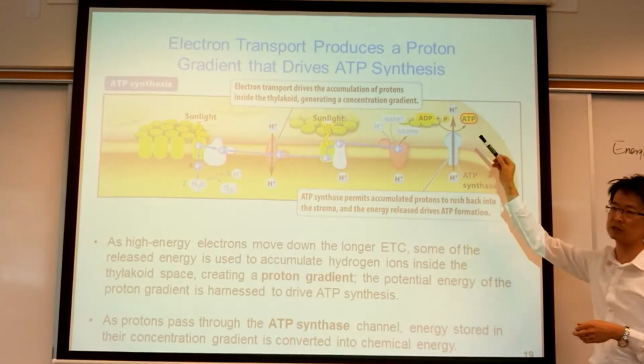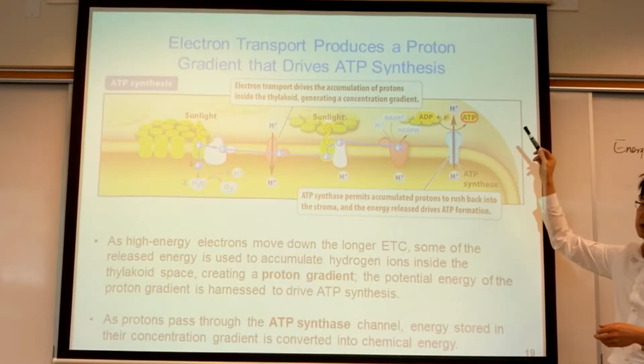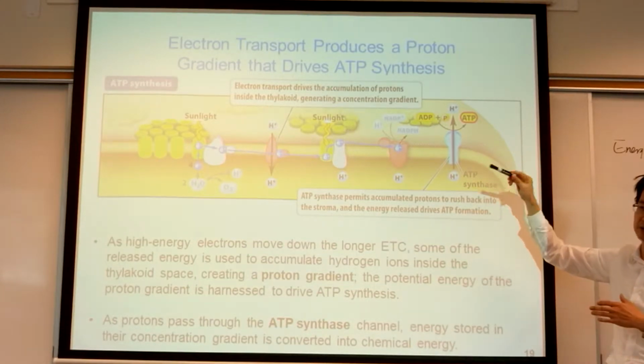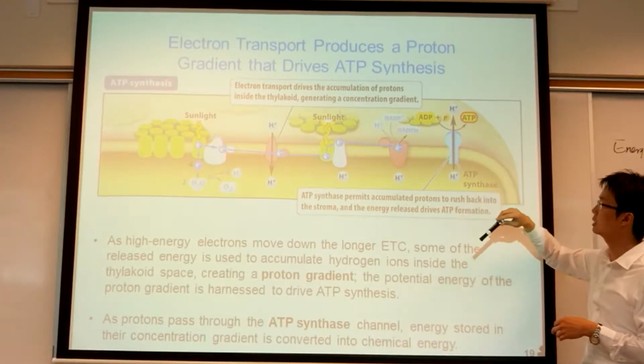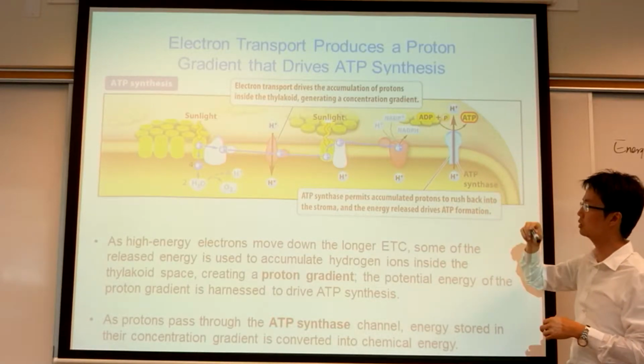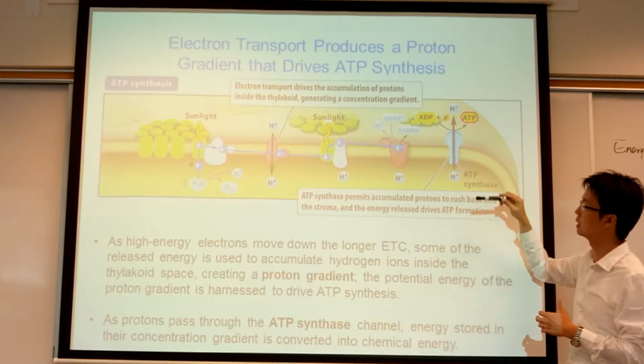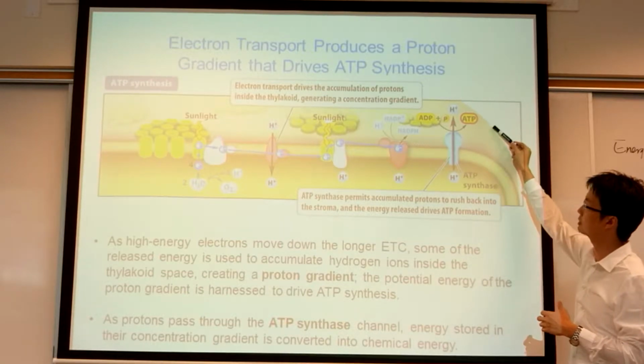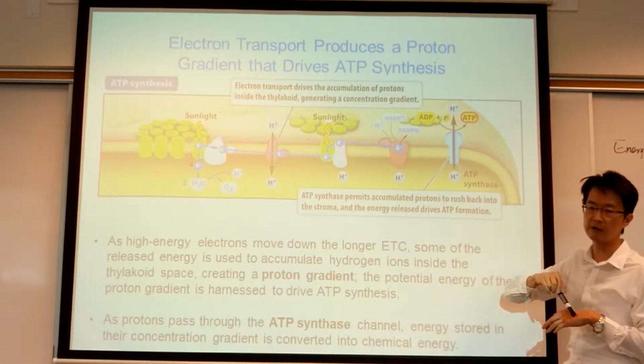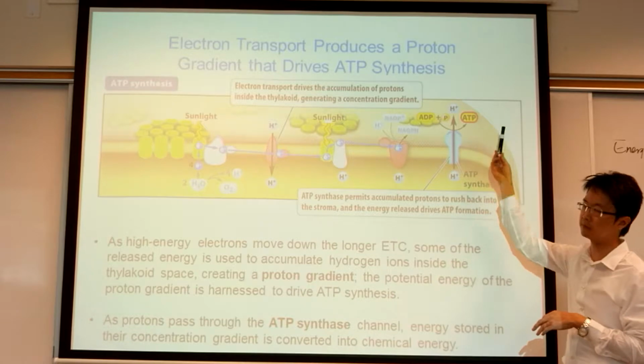Stroma is basically the space inside the chloroplast, but outside of the thylakoid. So in this case, you establish a hydrogen ion concentration gradient, high inside but low outside. What will happen? They will have a tendency to want to go outside.